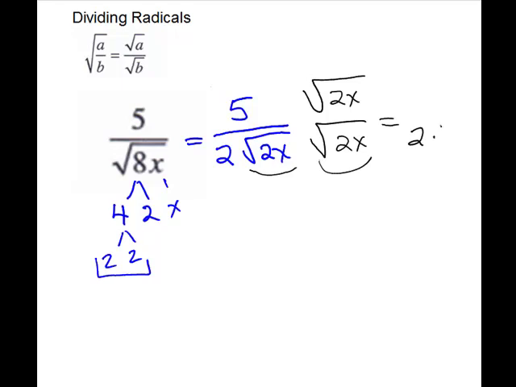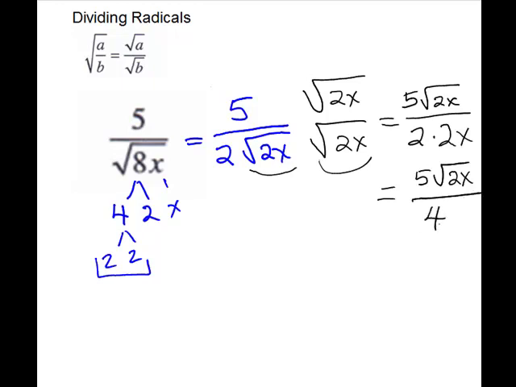So 2 times 2x. Numerator, nothing to do, really just write them together. And then we'll clean up. On the denominator, we have a 4x. So 5 times the square root of 2x over 4x. There's nothing here that will match up with the 5, so that is simplified form.